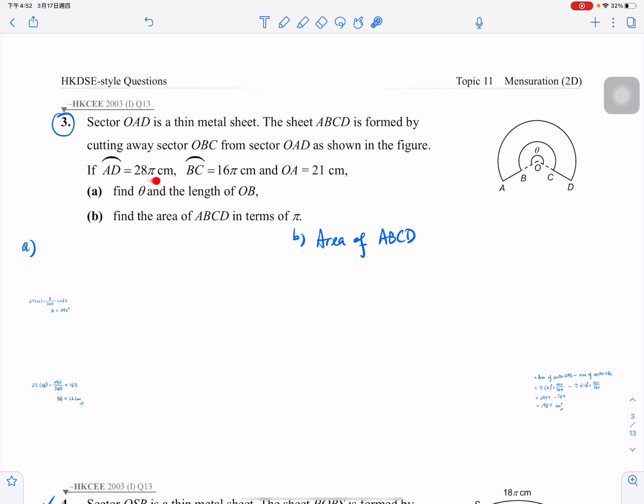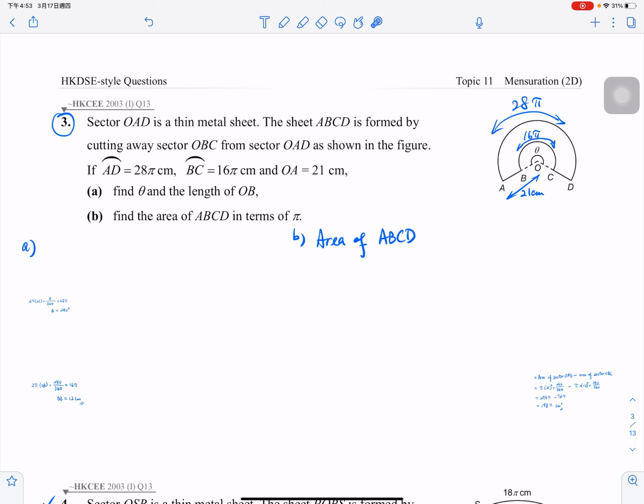The arc AD is 28 pi cm, and the arc BC is 16 pi cm. OA is 21 cm. Let's see the question. Find theta and the length of OB, the radius of the smaller sector.